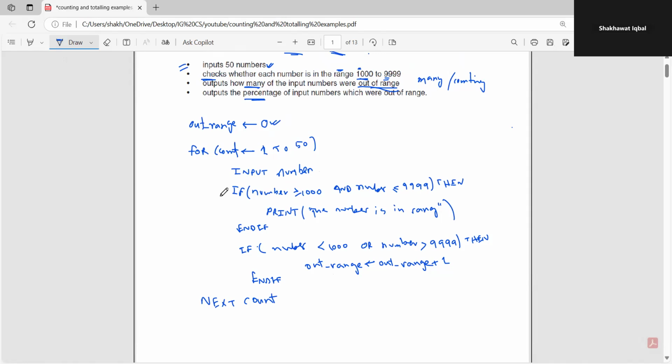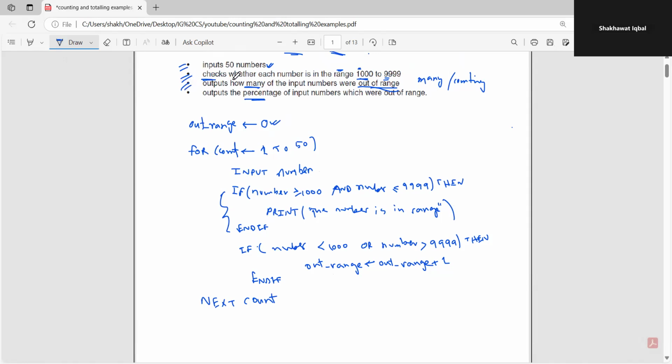Then I check whether the number is in range. If the number is greater than or equal to 1000, and at the same time it must be less than or equal to 9999, then it will be in range. Then this part, checking, is done.